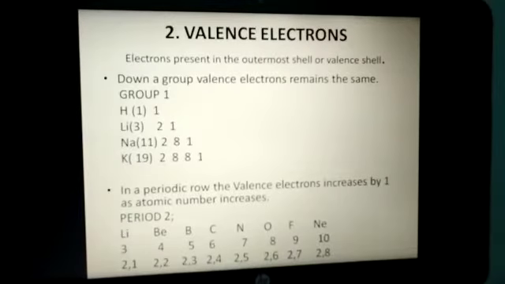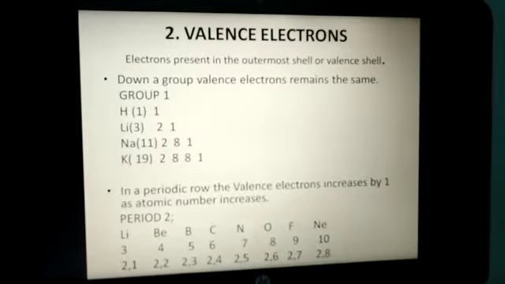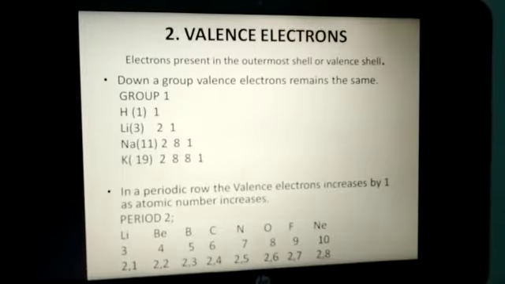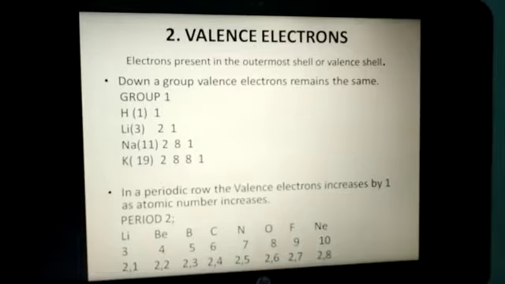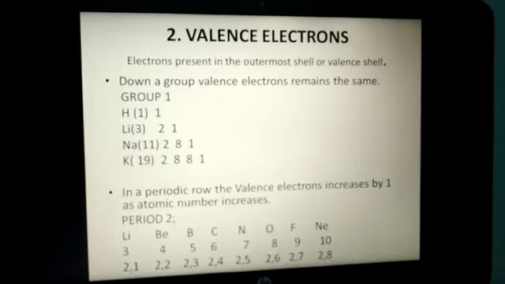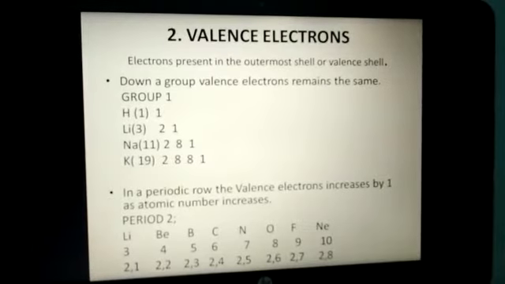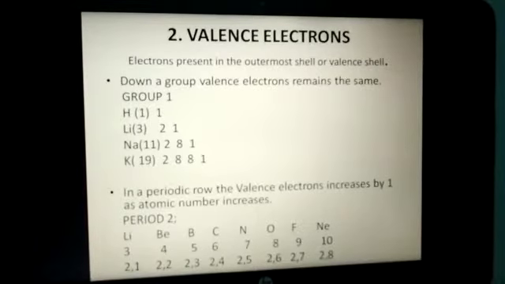But in a periodic row, the valence electrons increase by 1 as the atomic number increases. Let us take an example of the second period. The elements are lithium, beryllium, boron, carbon, nitrogen, oxygen, fluorine and neon. The atomic number of lithium is 3, so the configuration becomes 2, 1.